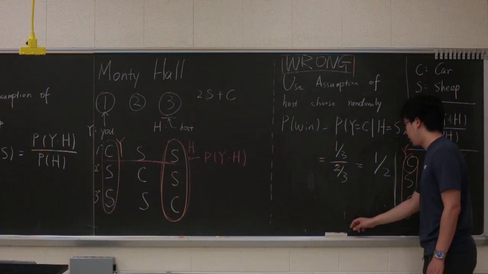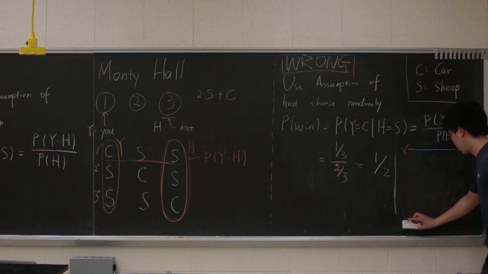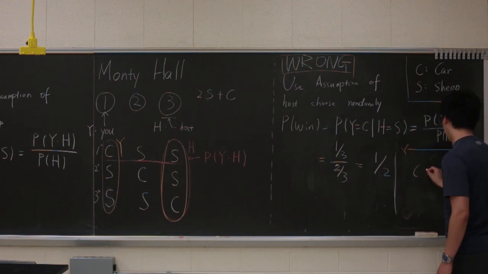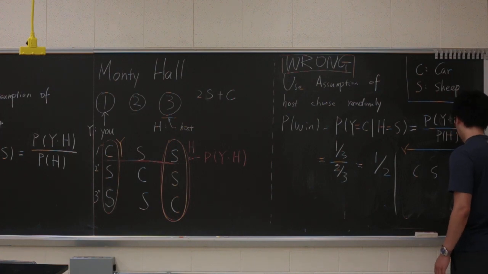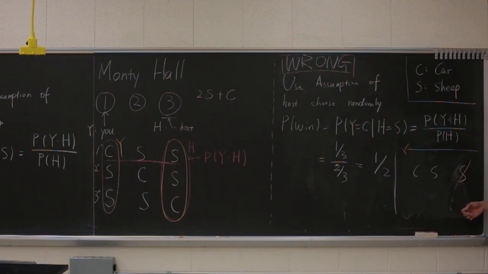Then your situation becomes car, sheep, sheep, and the host chooses a sheep. There's one car and one sheep on the doors, so if you switch or not, it doesn't make much difference. It's half and half.